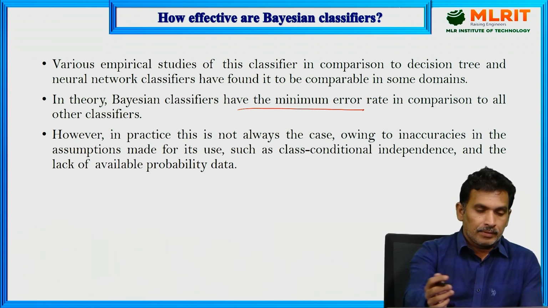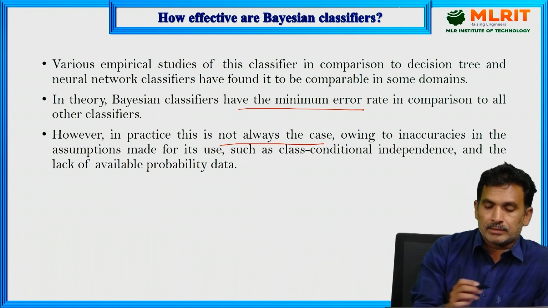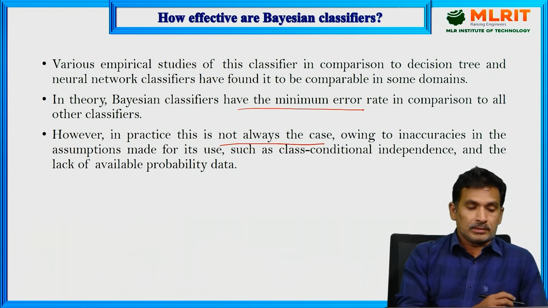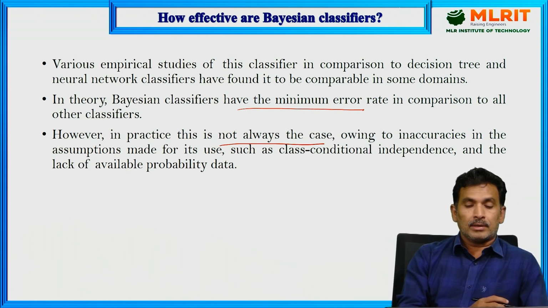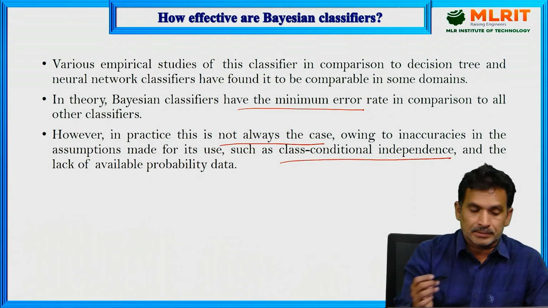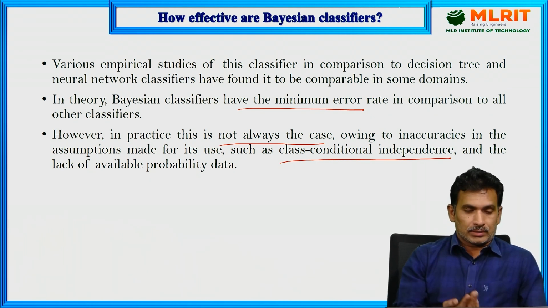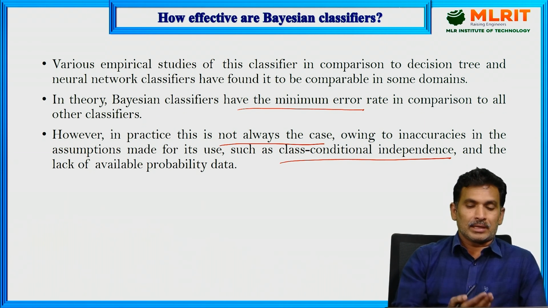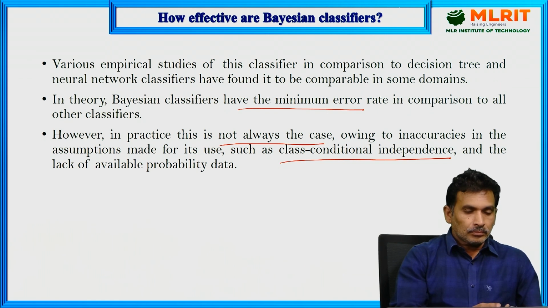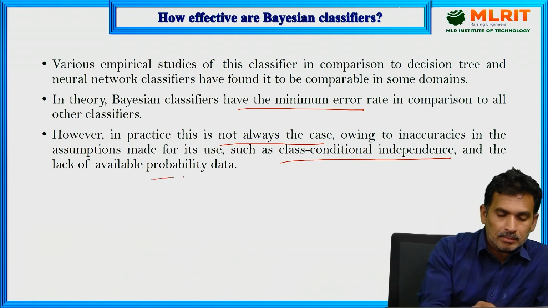However, in practice it's not always the case, because of inaccuracies in the assumptions made for its use, such as class conditional independence. Because the computational cost would be more expensive, they made the assumption of class conditional independence.